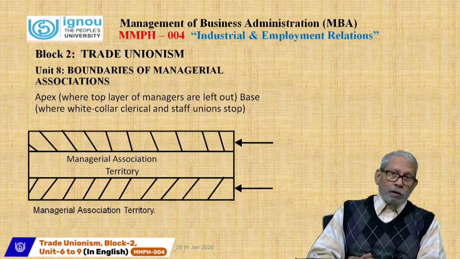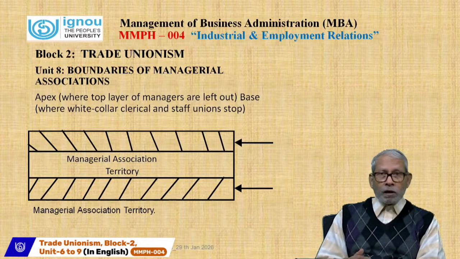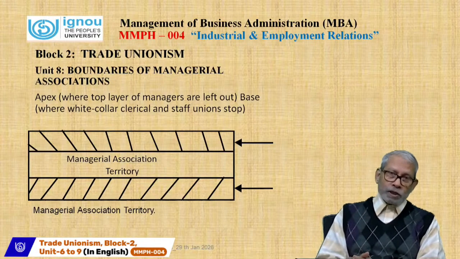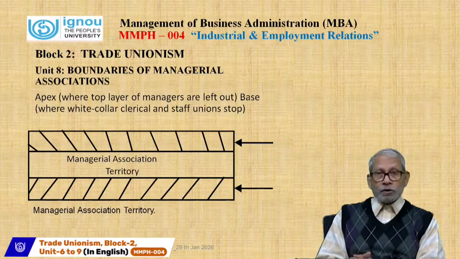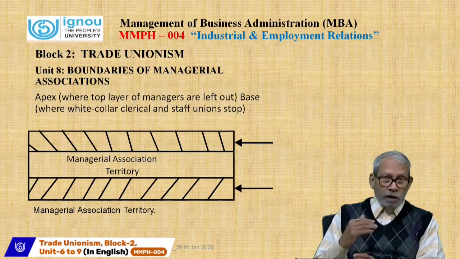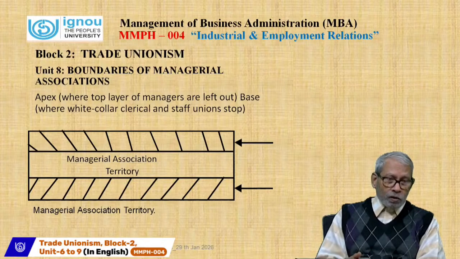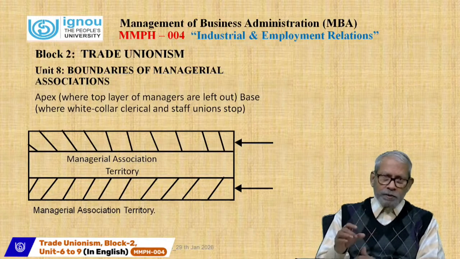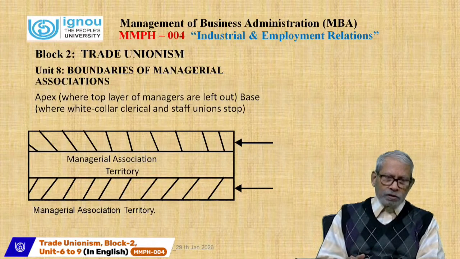But as I said, after the emergency, it has developed into managers' associations also, even middle management associations, to protect their services and other things. So the managerial association has some territory, a diagram where the limits are given.